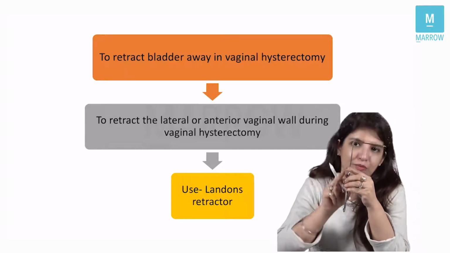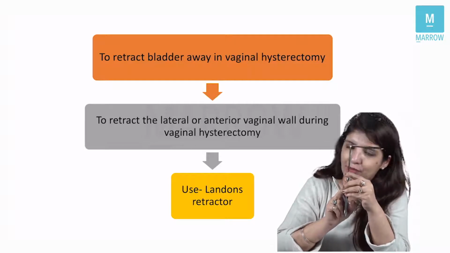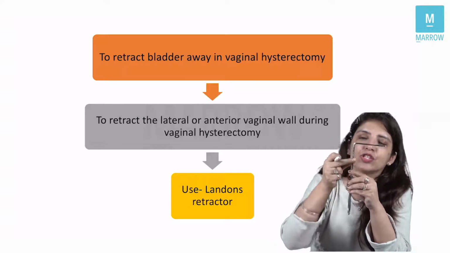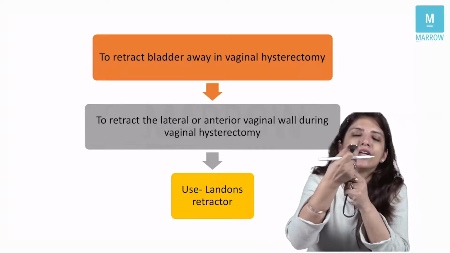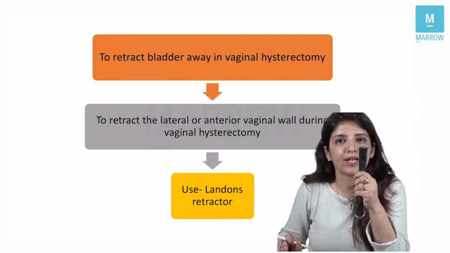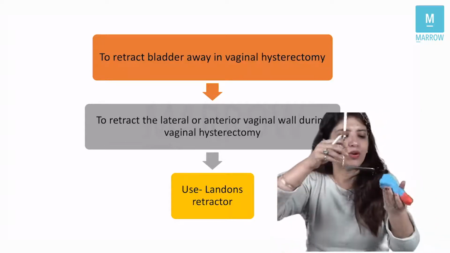L for Landon, L for L-shaped. The blade of the Landon's retractor is at 90 degrees to the handle, and it has a straight and a narrow blade, right? So, a Landon's retractor is used to retract the bladder during vaginal surgery.